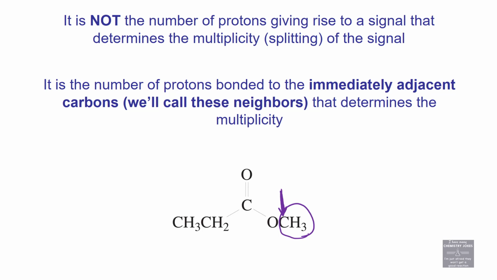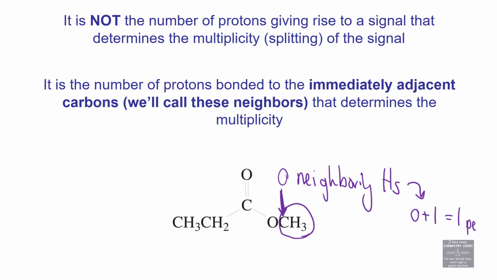So that means that there are no neighboring hydrogens. 0 neighboring hydrogens means it would show up as 0 plus 1, that's the n plus 1 rule. It would show up as 1 peak. That 1 peak we give the name of singlet. It's a single little spike peak.